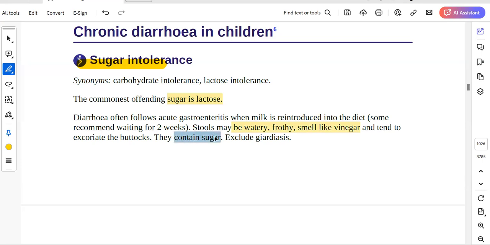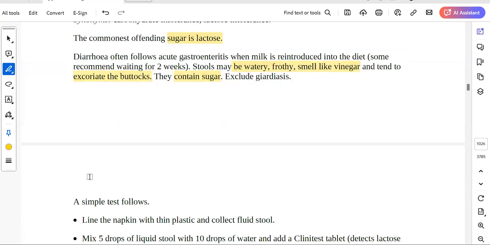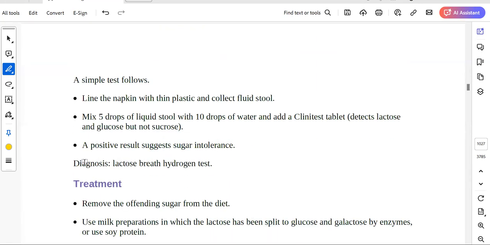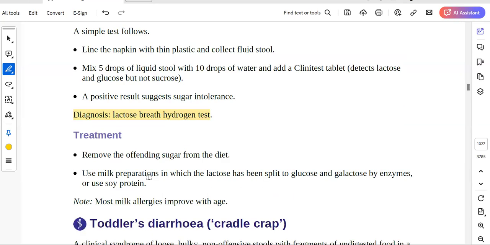Because it contains sugar, the patient can also have a bit of excoriation of the buttock, because it can cause a bit of itchiness. To diagnose lactose intolerance, you can do the lactose breath hydrogen test. So that is how we diagnose them.